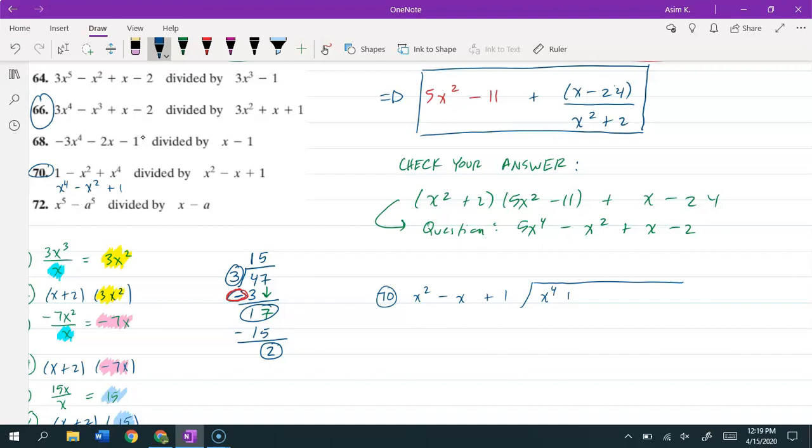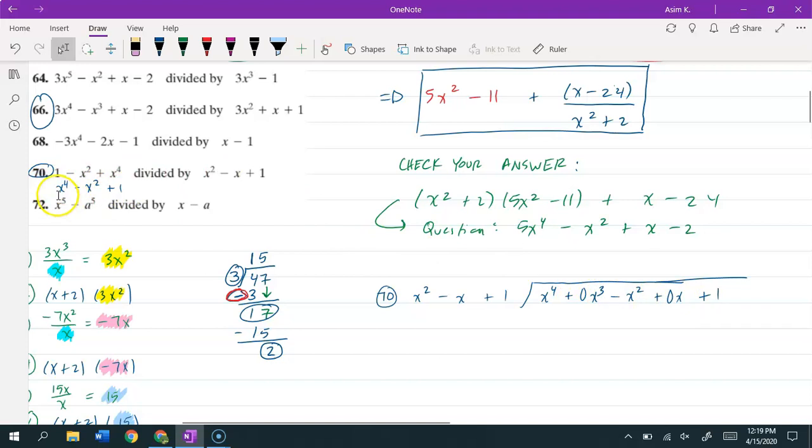As a placeholder, we'll put 0x cubed like this, and then we'll put minus x squared. And once again, as a placeholder, we'll use plus 0x, and then we'll put a plus 1 right there. So there are 2 placeholders here: a placeholder with an x cubed on it and a placeholder with an x on it.